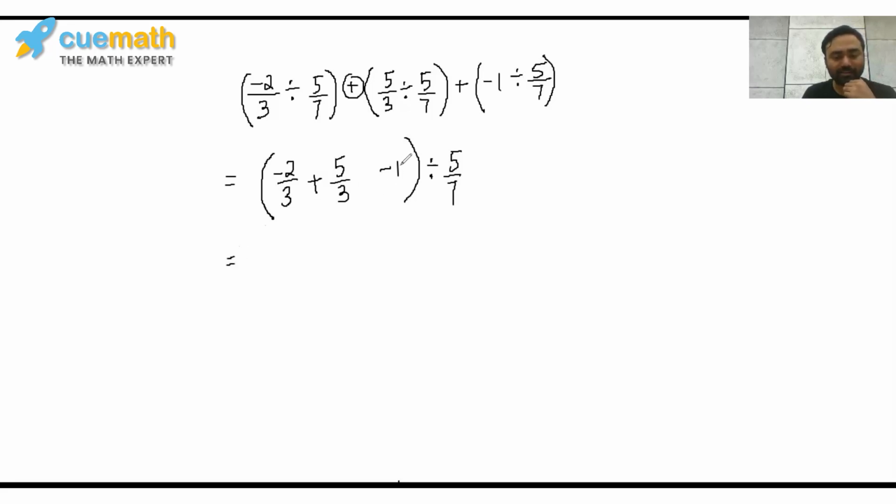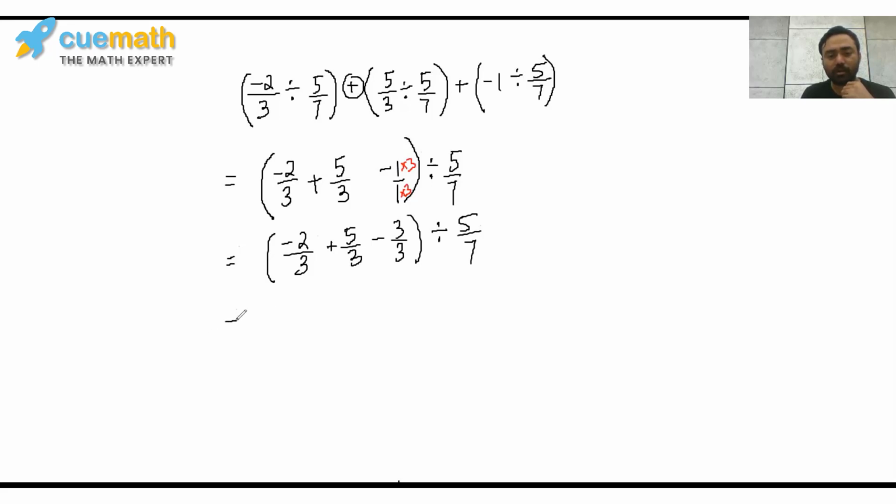So let us write this negative 1 as negative 2 over 3 plus 5 over 3. We'll write the negative 1 as a fraction with the denominator 3. So basically it is 1 over 1. To write this as a fraction with denominator 3, we'll have to multiply by 3 and 3. So this becomes 3 over 3, divided by 5 over 7.